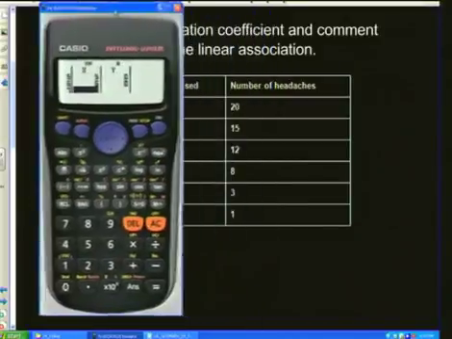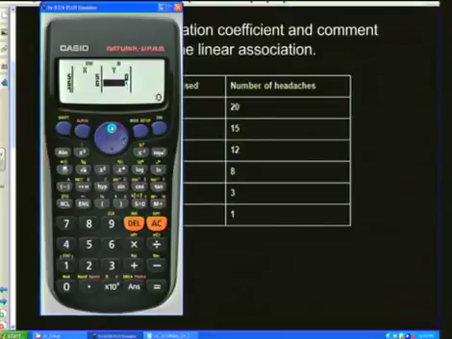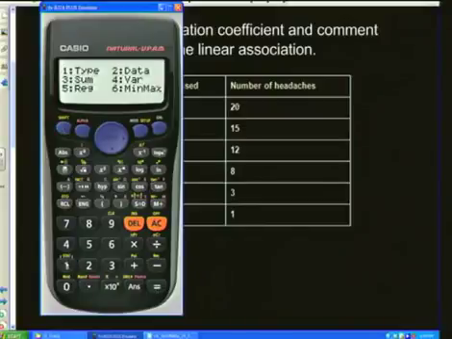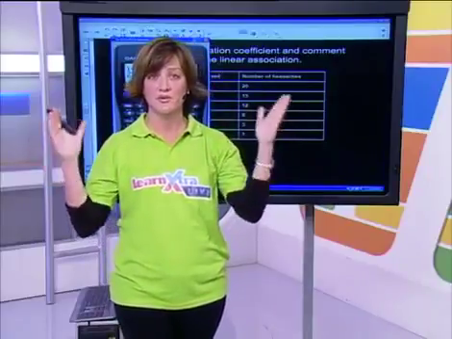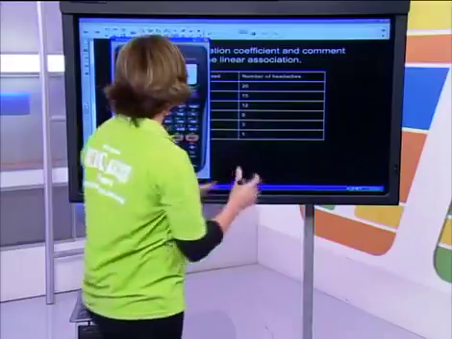Just moving over to the other column, we've got our 20, 15, 12, 8, 3, 1 equals. AC, shift 1, 5 for regression. So it's exactly the same sequence of keys that you're working with as you would to find your equation, but this is where it's different.